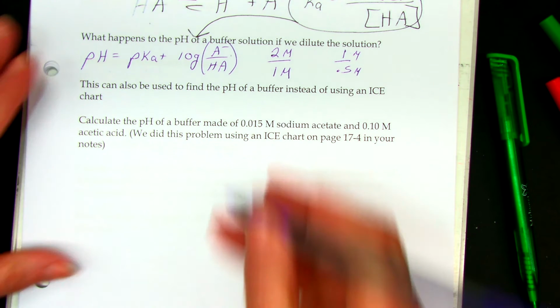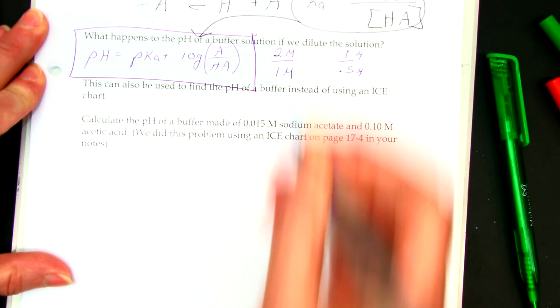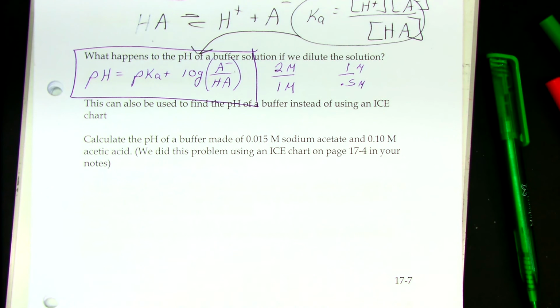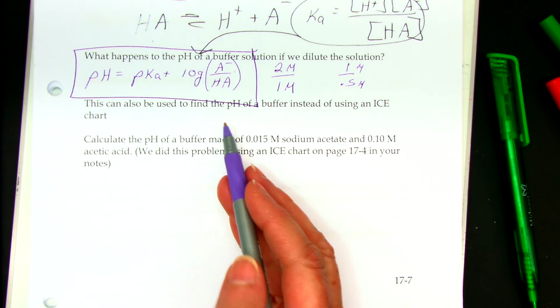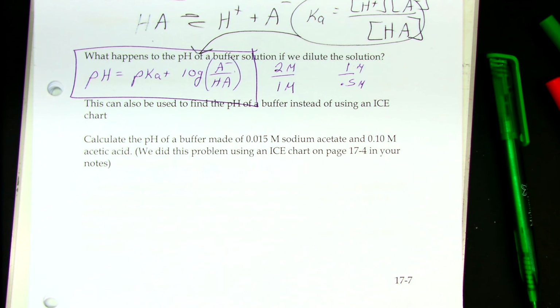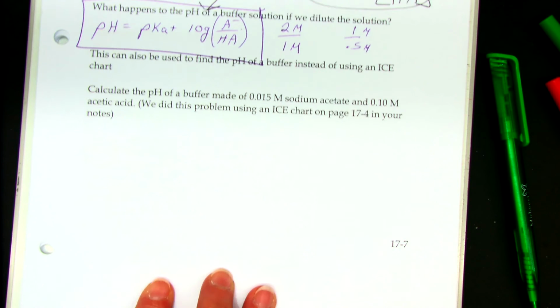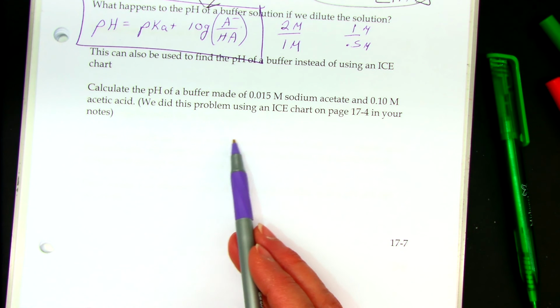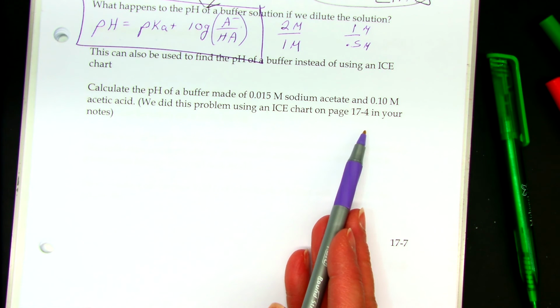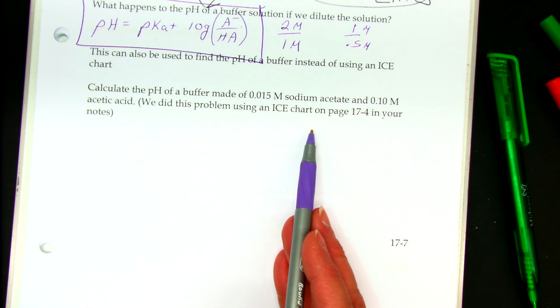Okay, so we had introduced the Henderson-Hasselbalch equation, and we used this to figure out what the ratio should be to be able to calculate how to prepare a buffer. So now we can also use this to calculate pH. So let's look at this example. We did this problem previously on page 17.4 in the notes, and we set this up in an ice chart.